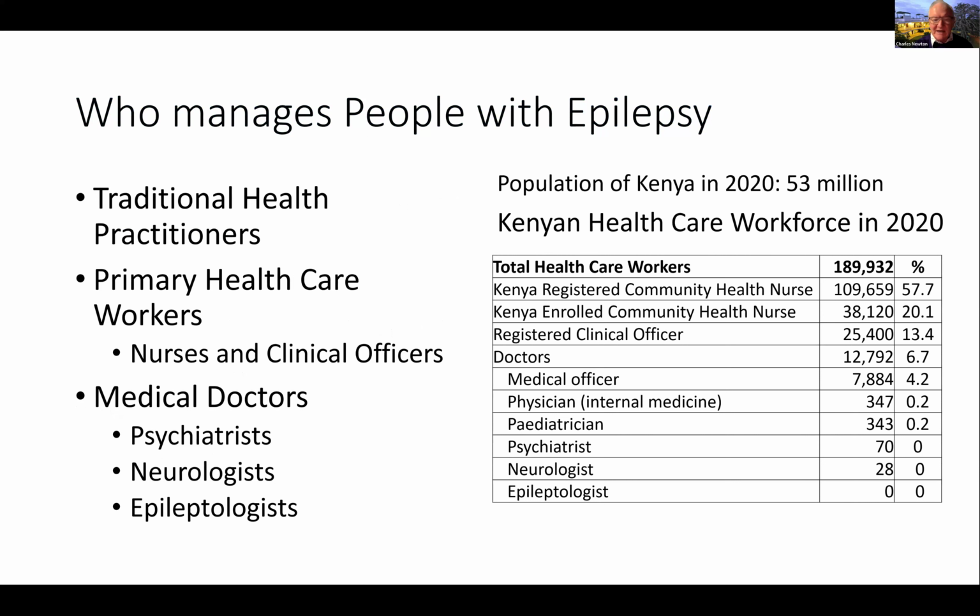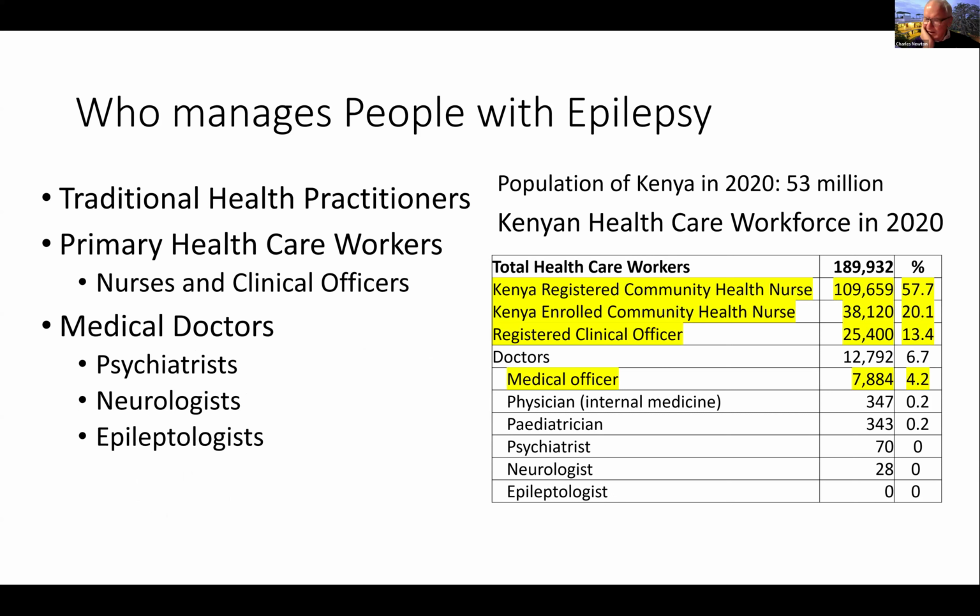And as you can see, the main people in the formal healthcare system that will see people with disease conditions are the Kenya registered community health nurses, the Kenya registered enrolled community health nurses, the registered clinical officers, and then the doctors, particularly medical officers. The specialists, physicians, pediatricians, psychiatrists, and neurologists see a relatively small proportion.